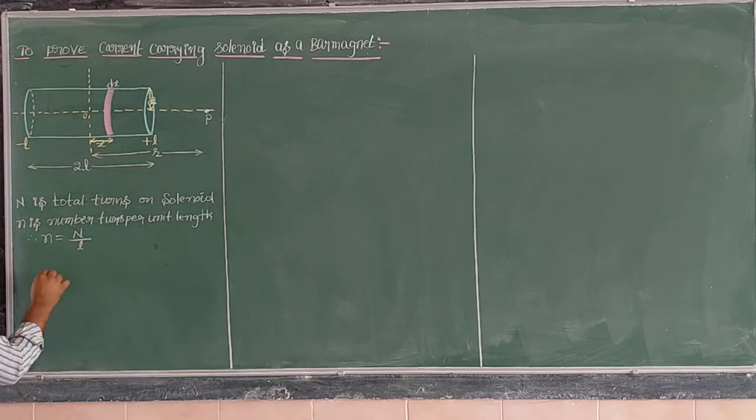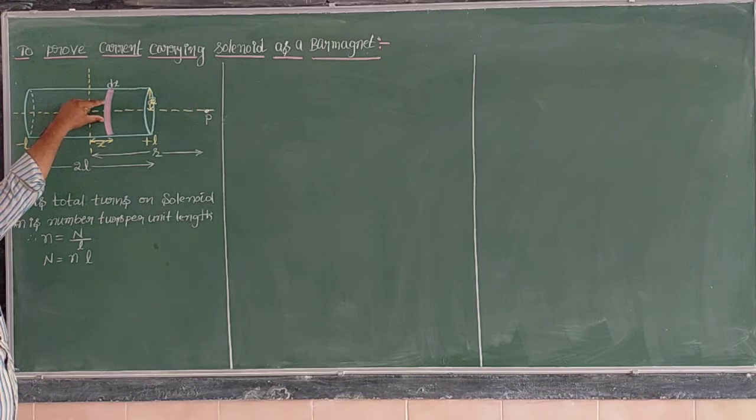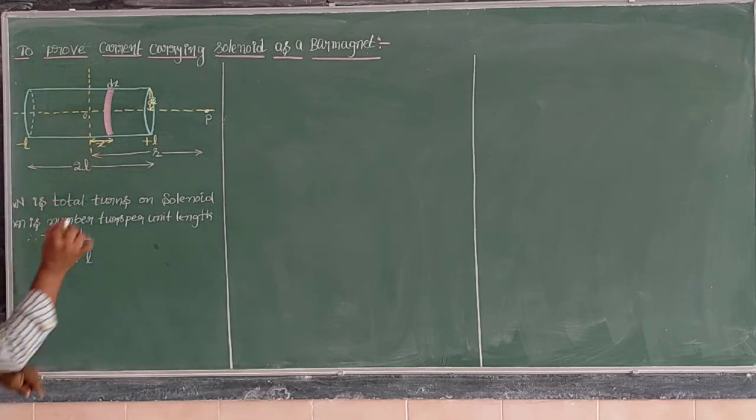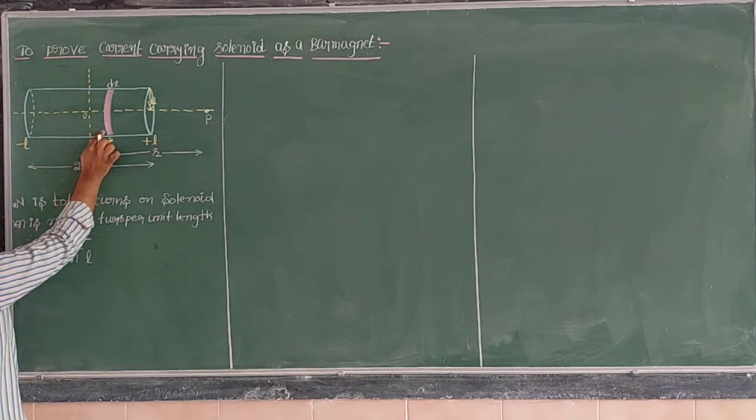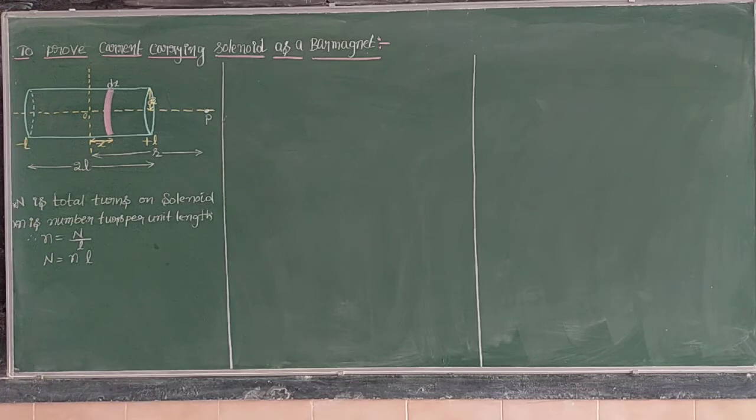From this, we can write N equals n into L. Due to this dx thickness, some number of turns are there, from here to here.